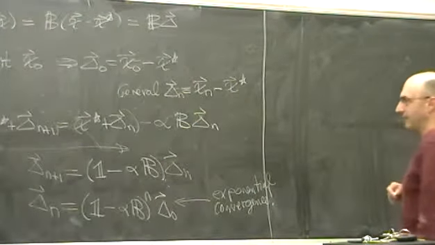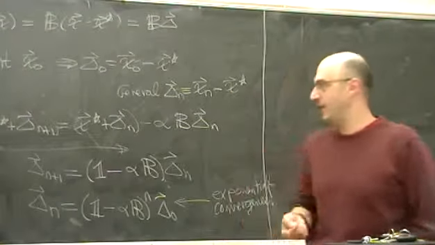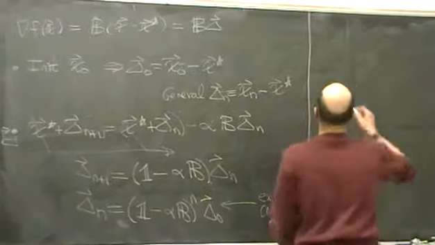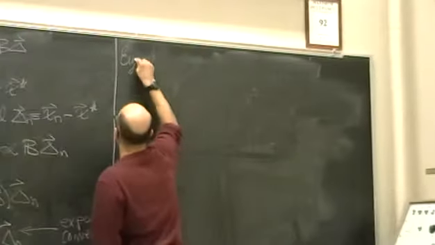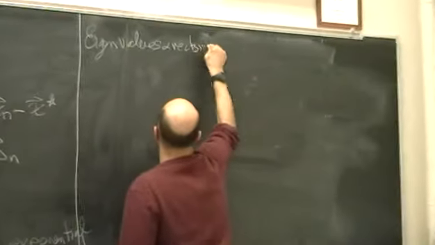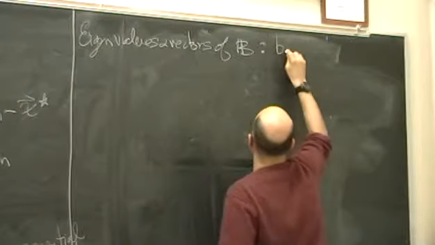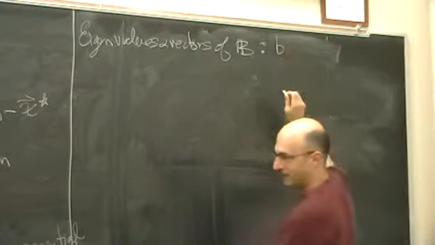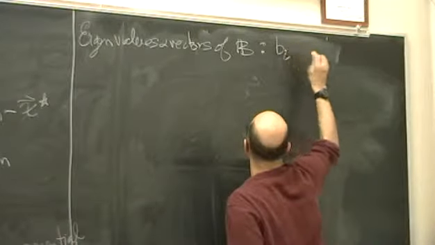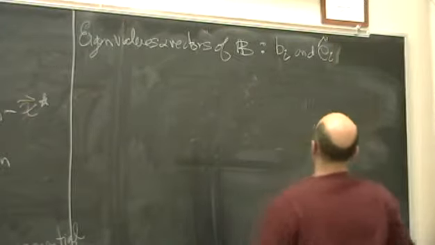Now, to make further progress, we can use the properties of the matrix B. We don't know what it is, but we know it has this nice symmetric and positive definite property. That means that we can look at the eigenvalues and eigenvectors of B, which I will call eigenvalues b_i, since I use n for iteration, and e hat i for the corresponding eigenvectors.